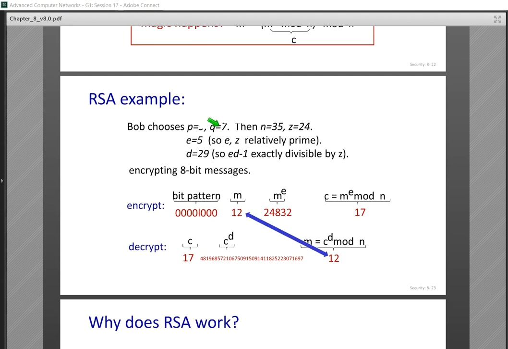So n is 5 times 7, and z is 4 times 6. n is 35 and z is 24.